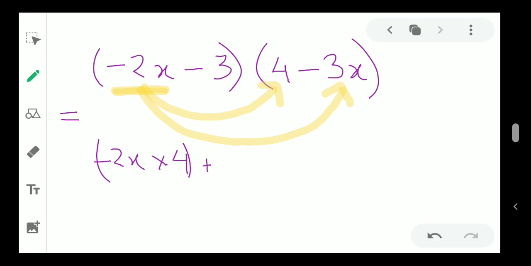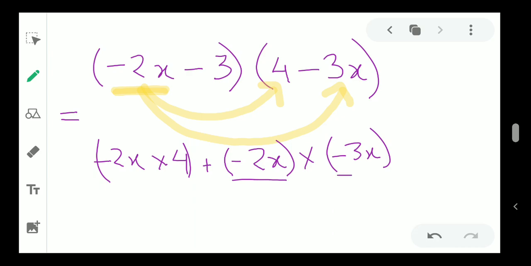Okay, why I am telling you, now you write minus 2x into minus 3x. I think you can understand what I am doing, right? So basically I am writing plus because I have not considered the sign yet. I have taken the whole thing as one quantity.